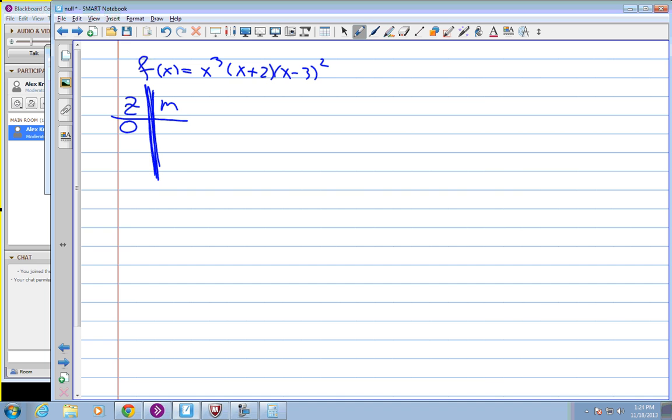What else? Negative 2. What's the multiplicity of that? 1. And what else? 3. And the multiplicity of that? 2. What is the degree of this polynomial? 6. So just the sum of all multiplicities, right?